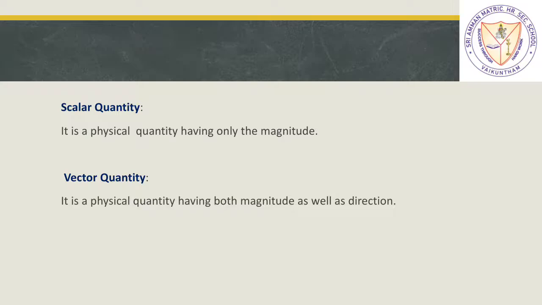If any quantity has both magnitude as well as direction, then it will be called a vector quantity. We have already discussed this concept in the previous videos, but just to brush up your memory, I revised it. A scalar quantity has only magnitude, a vector has both magnitude and direction.